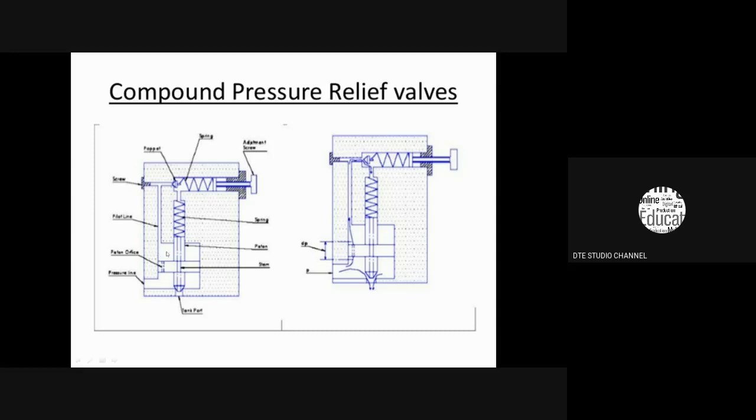But the pressure of fluid on the top and bottom sides of the piston is equal. Whenever these two are balanced, at the top and the bottom of the piston the pressures are equal, and because of this balancing, the poppet is closed, and the fluid is passing to the actuator as usual.